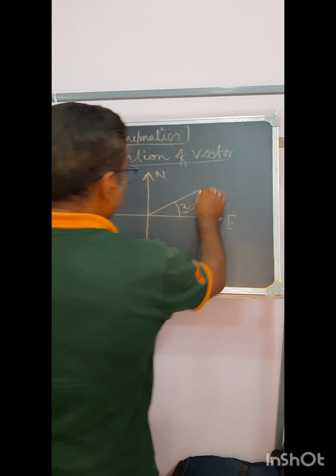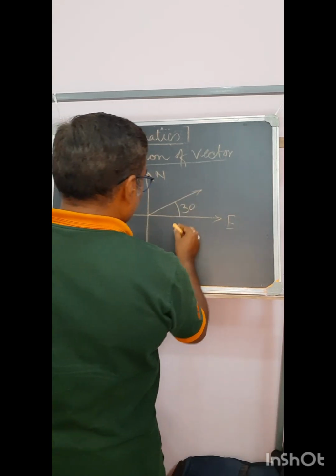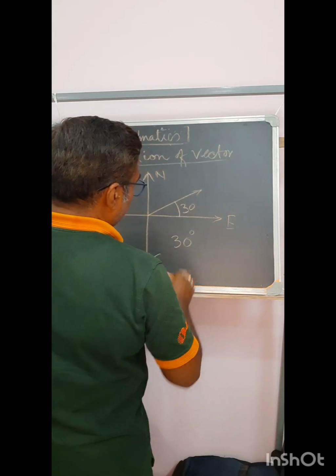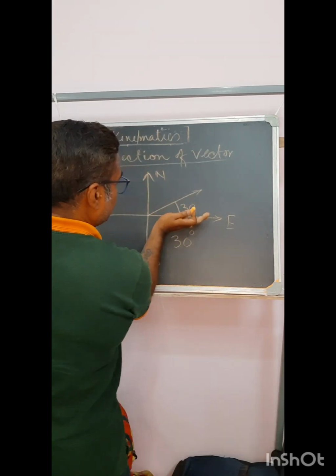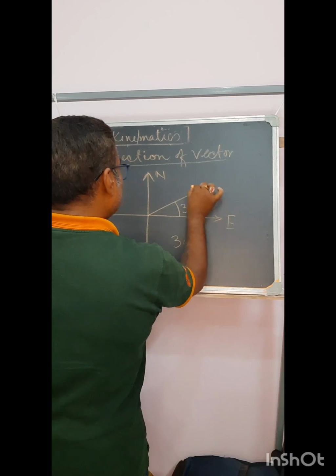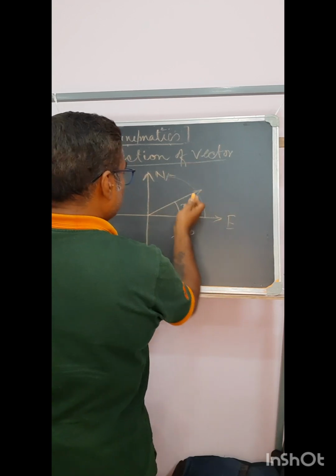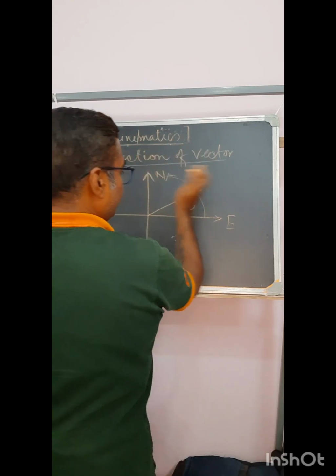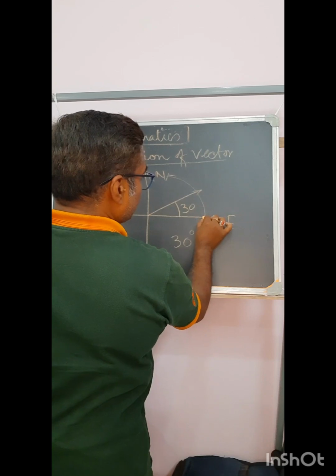So we can say the vector is 30 degrees north. That means the vector starts moving from 0 of east, slowly moving towards north, because the angle of a vector is always measured anti-clockwise from the east.